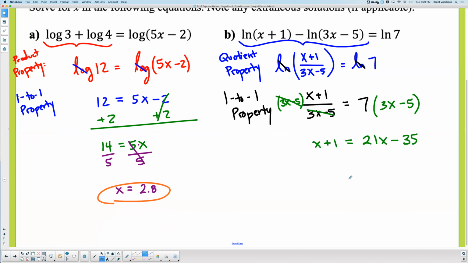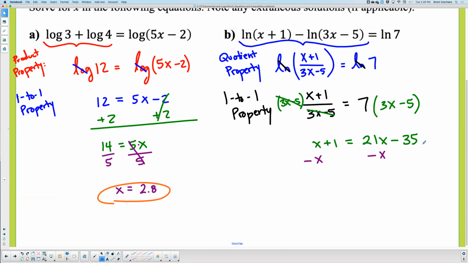Now I'm going to combine some like terms. Now we can combine these x's. I have an x on the left, and I have 21 x's on the right. I think it'll be easier to move the x's to the right. What's the opposite of this x right here? Negative x. Okay, since I'm moving x's to the right, how about we move the constants to the left?